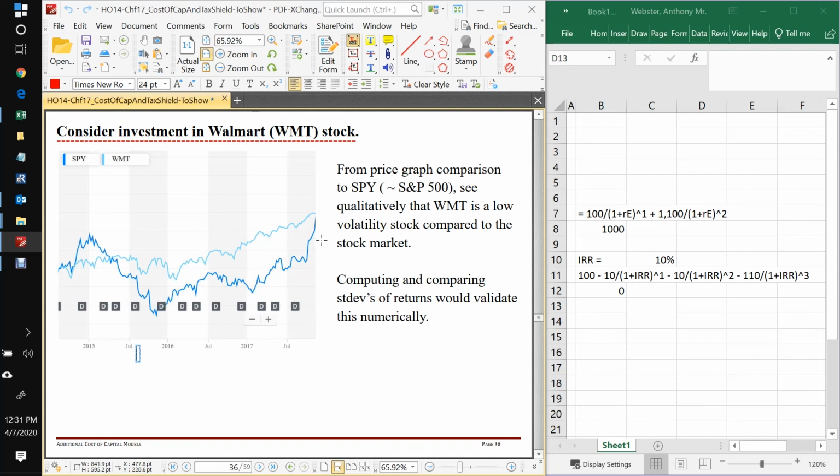And if you were at all concerned about that, you could go ahead and compare standard deviations of returns or value at risk or something like that, and that would confirm this. Okay, so clearly Walmart does fit our investing mission, right? It's a big stock. I'm sure, actually it is in the S&P 500, so it's just fitting our investment mission very nicely.